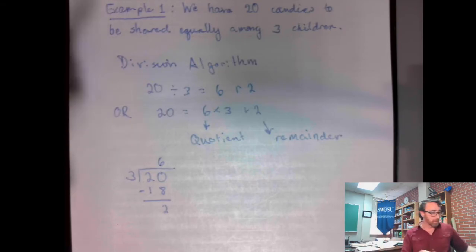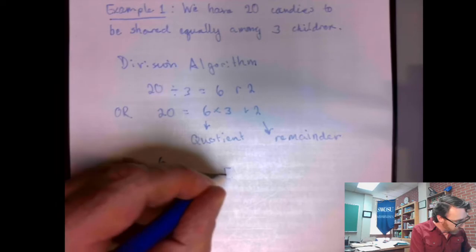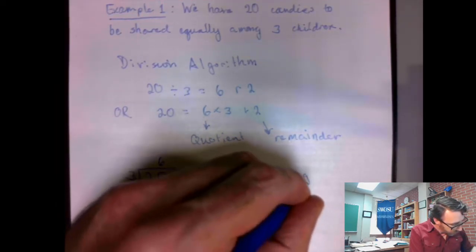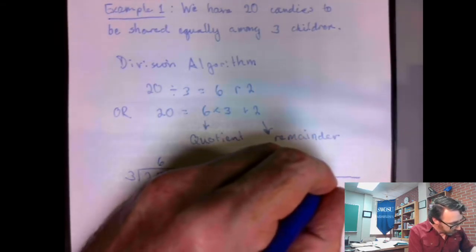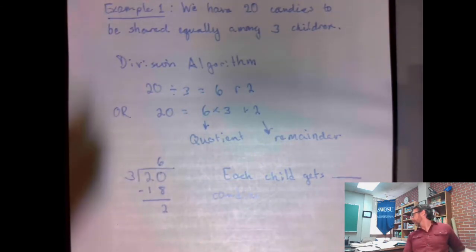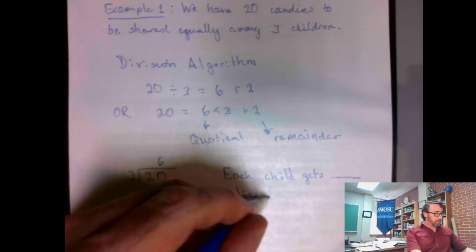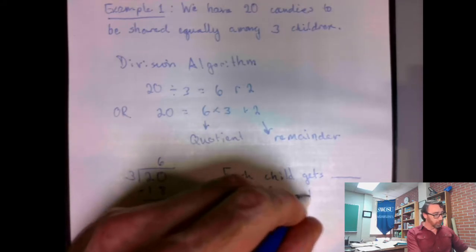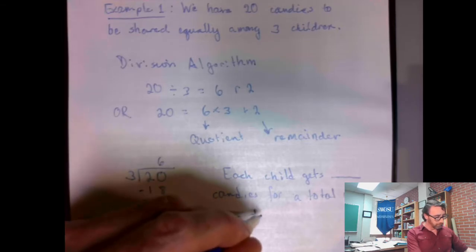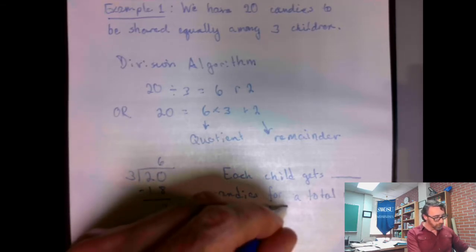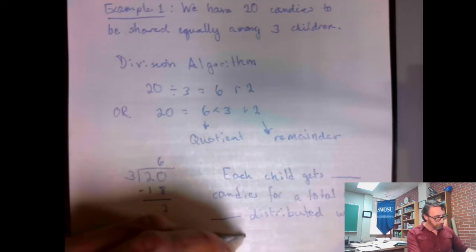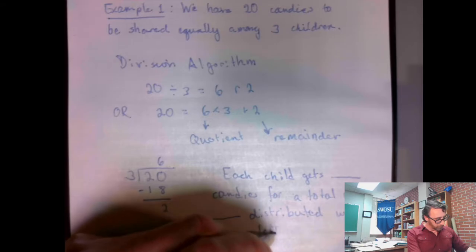So there's 3 numbers that we're keeping track of. So each child gets blank candies for a total of blank distributed with blank left over.